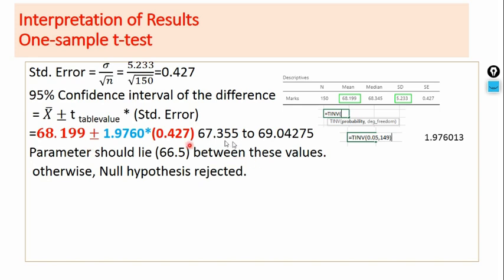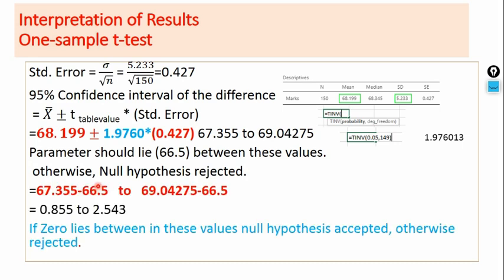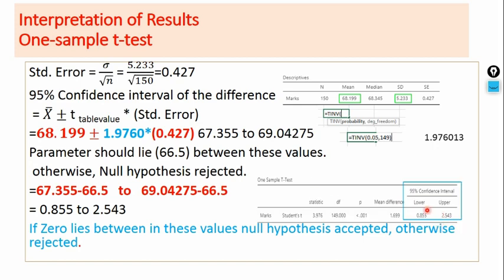Yes, we check. Lies between these values? Yes. If our parameter lies between these values, then we will accept the null hypothesis. Otherwise, the null hypothesis will be rejected. Now, if we would like to check this 95% confidence level, from where do these values come?